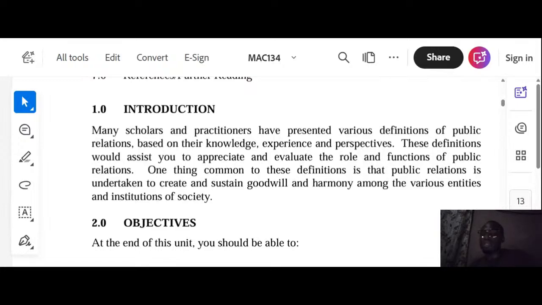Many scholars have given definitions of public relation, but they all define it separately based on their own experience, the way they think, their perspective. However, regardless of who or how a definition came about, there is a thin line that tends to connect all the definitions available for public relations. And that thin line is that the main aim is that public relations sustains goodwill and harmony.